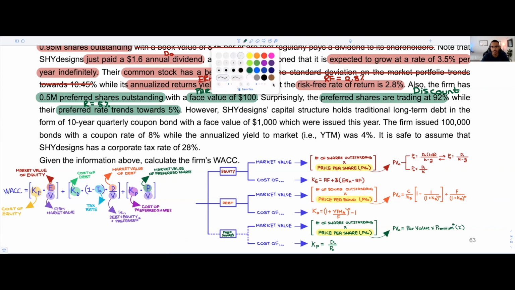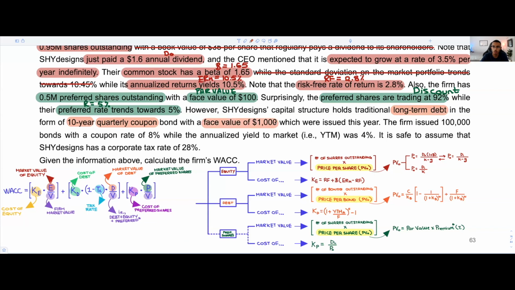Let's get into this. So in this case, we know that there's also some long-term debt in the form of a 10-year quarterly coupon bond with a face value of $1,000.